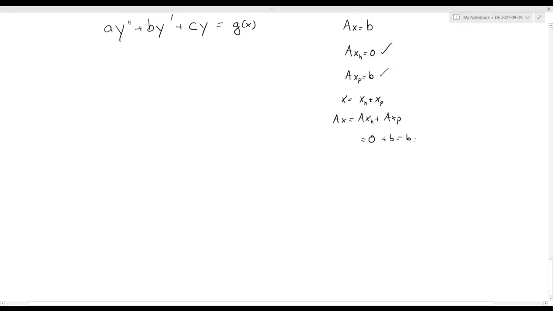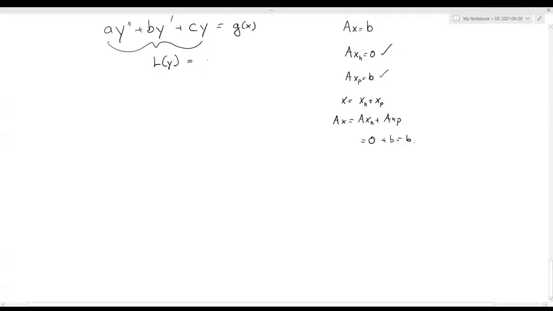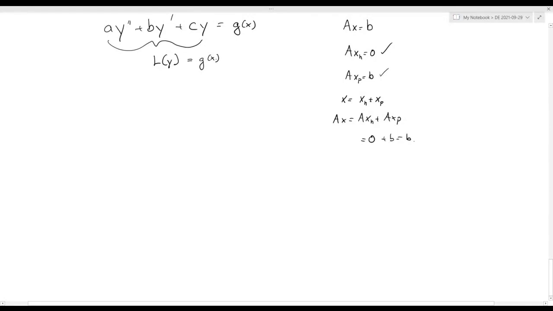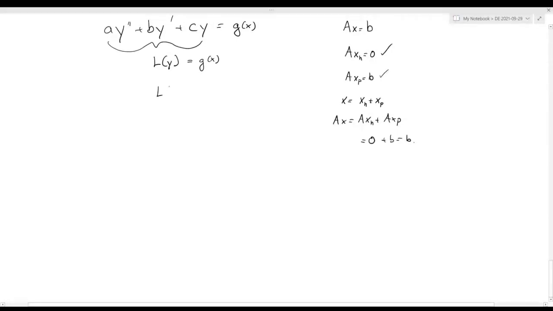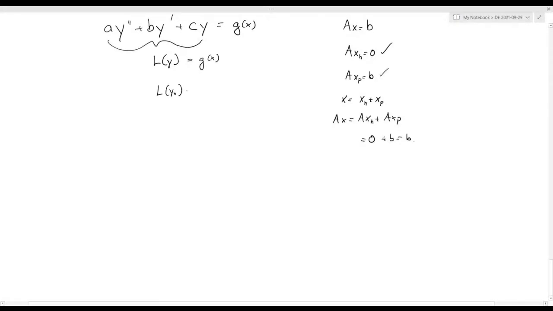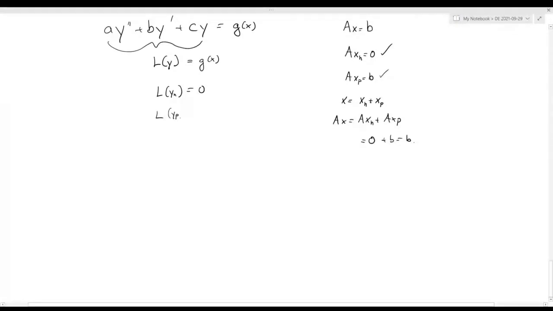A times the homogeneous gives you 0, and A times the particular solution gives you b. So similarly here, we have a linear operator on y, which is just differentiation and multiplication by constants, and it's equal to a right-hand side which is not 0. So we first find a solution to the homogeneous part, and then a particular solution to the non-homogeneous part.